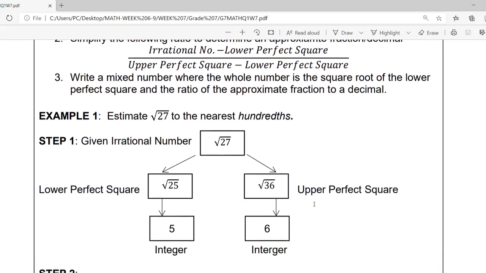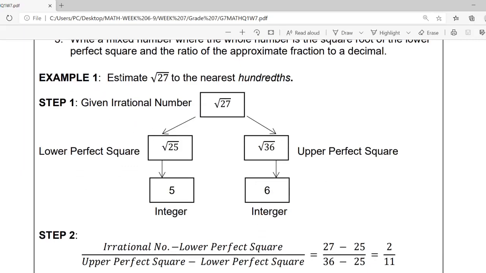Example number 1. Estimate square root of 27 to the nearest hundredths. Step 1, given the irrational number, square root of 27. What is the lower perfect square?